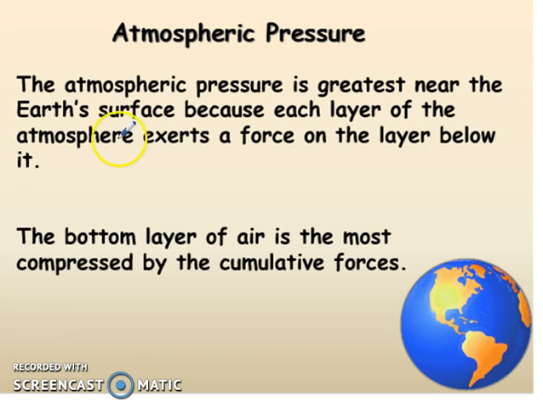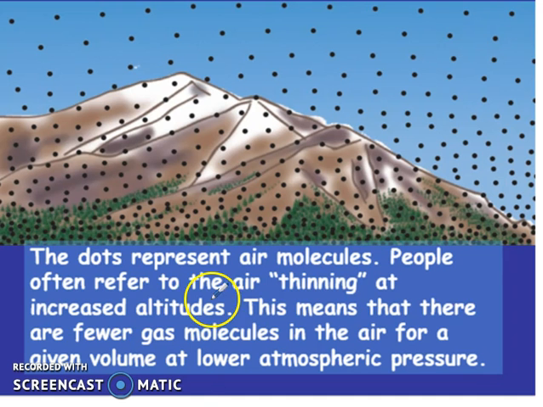So I've already talked about this, but the atmospheric pressure is greatest closer to the surface of the Earth, and the pressure lessens the further and further up you go into the atmosphere because there's more and more space between particles. So this is just obviously like a cartoon representation, but closest to the ground is where you have all of the air particles kind of tightly knit together.